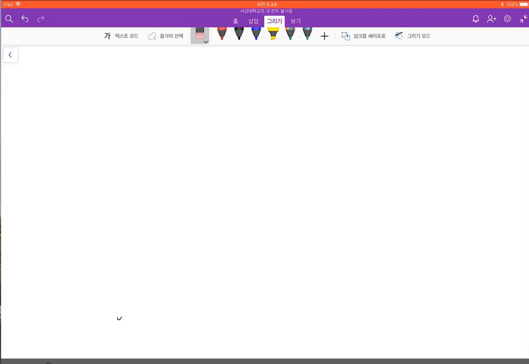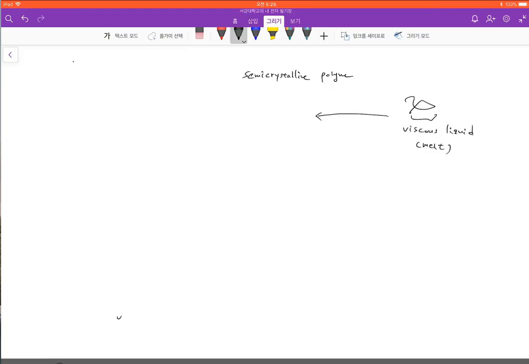All right. In this class, since we have covered the contents about semi-crystalline polymers and their thermal behavior, remember, a semi-crystalline polymer at high temperature is basically a viscous liquid, or we call it melt.